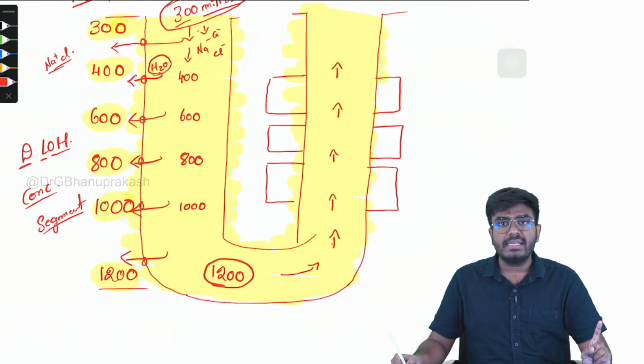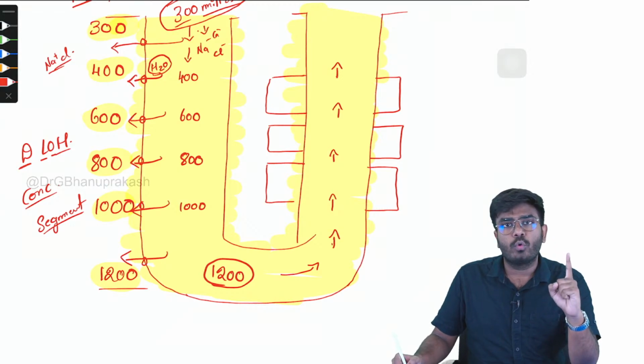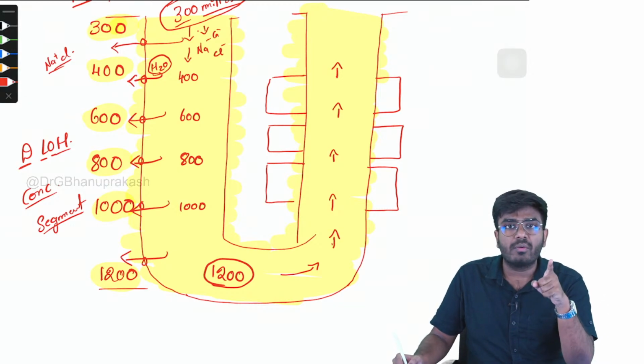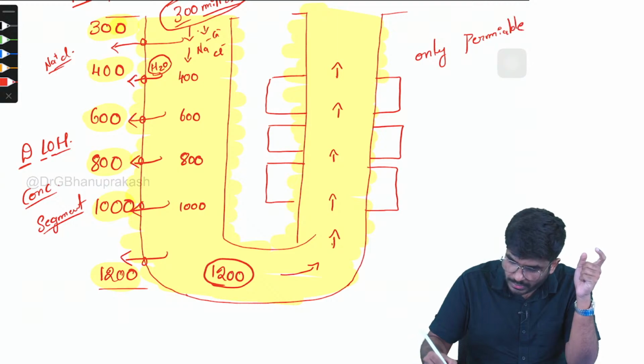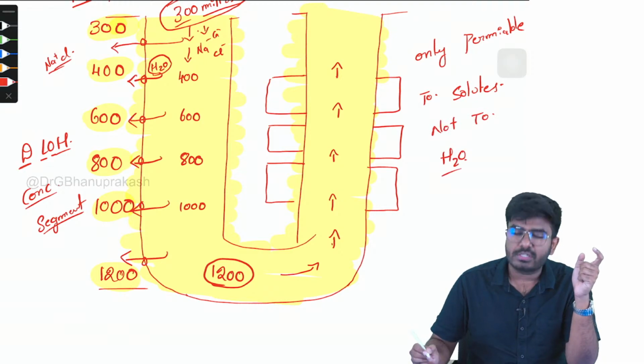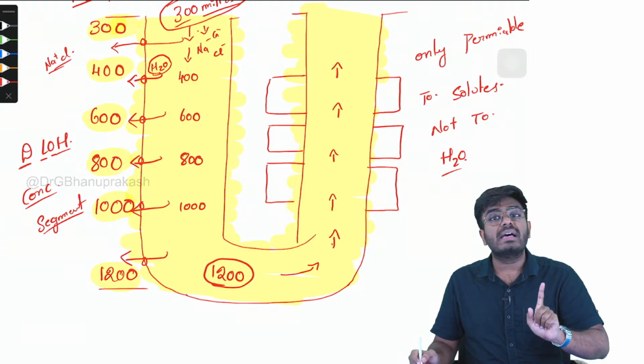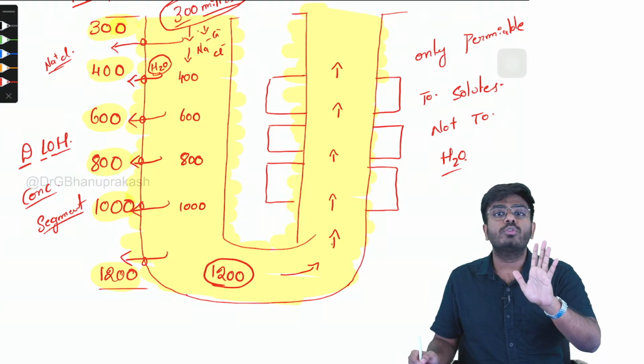The important point to be noted is that the ascending limb of loop of Henle is only permeable to solutes, not to water or solvents. Water cannot be reabsorbed in the ascending limb of loop of Henle, only solutes will be reabsorbed.